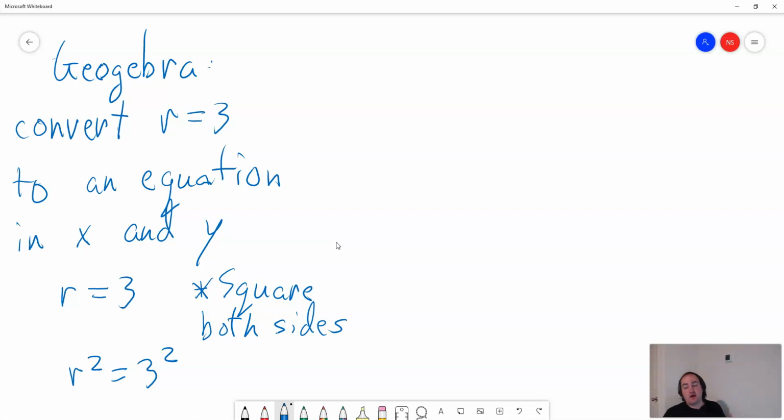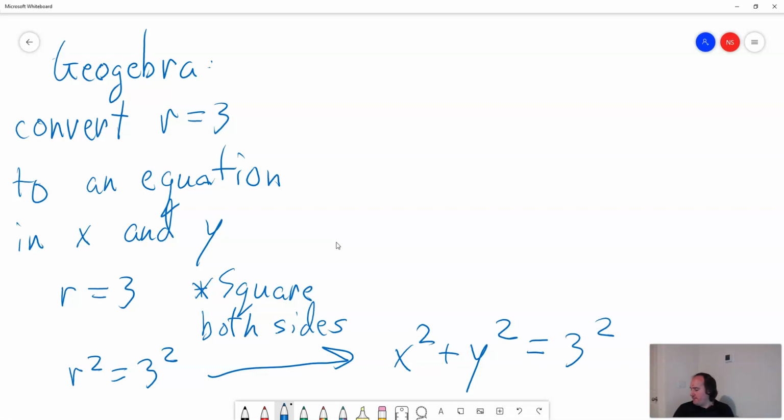Okay, and then remember that r squared is the same as x squared plus y squared. So this is actually going to give us x squared plus y squared equals 3 squared. And you might be thinking, well, isn't that the equation of a circle of radius 3? And the answer is yes.